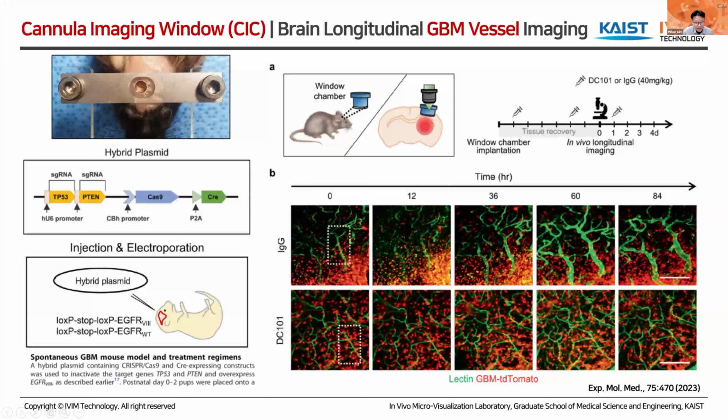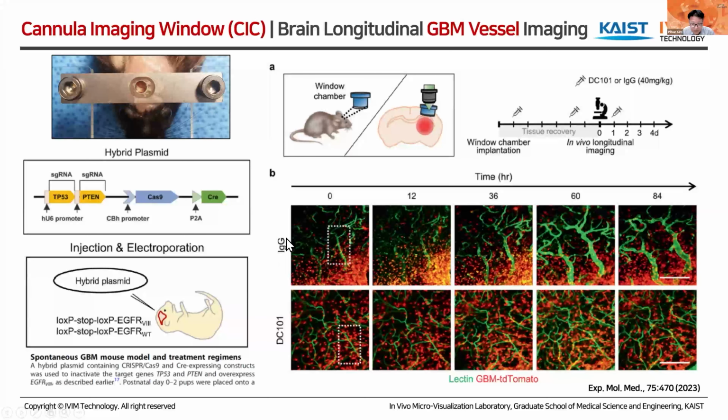In the brain, it spontaneously develops GBM, and these GBM cells express the red fluorescent protein tdTomato, so all these red cells are GBM cells. At the same time, by intravenously injecting lectin, we can label the endothelial cells. We can visualize the vessels over time for up to 3.5 days in this particular example.